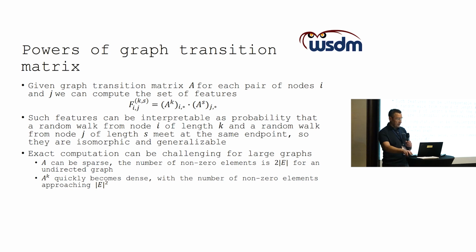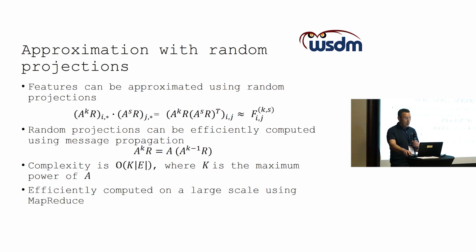However, computing the exact powers of the transition matrix for large graphs can be computationally expensive beyond very low levels, since the powers of the transition matrix quickly become dense. Fortunately, random projections provide a way to approximate the features that we want directly, without having to compute the powers of the transition matrix, as we have detailed in the paper.